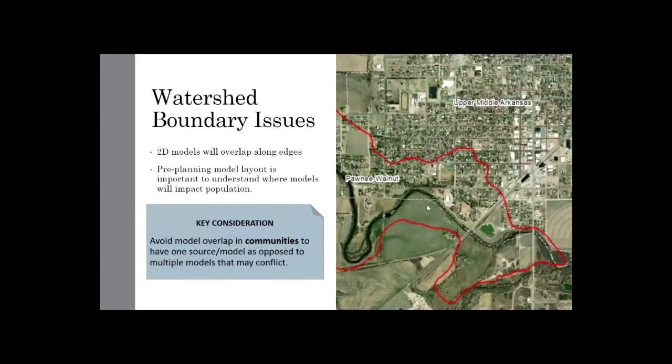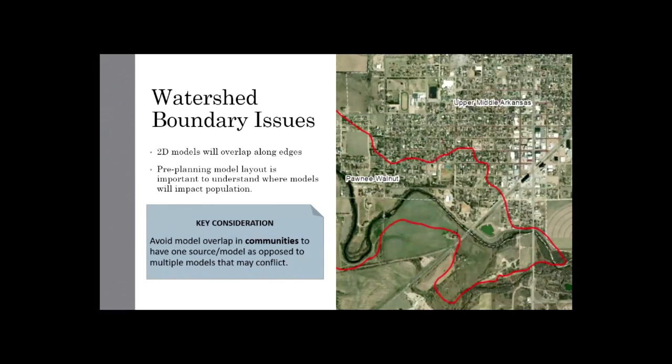Another thing that we discovered is watershed boundary issues. So Tara kind of touched on this, but those 2D models have a little bit of overlap. They need to be able to capture the correct drainage, and they do oftentimes connect to each other.